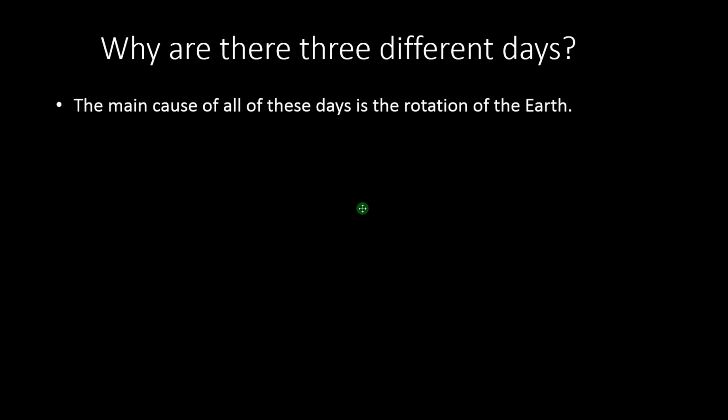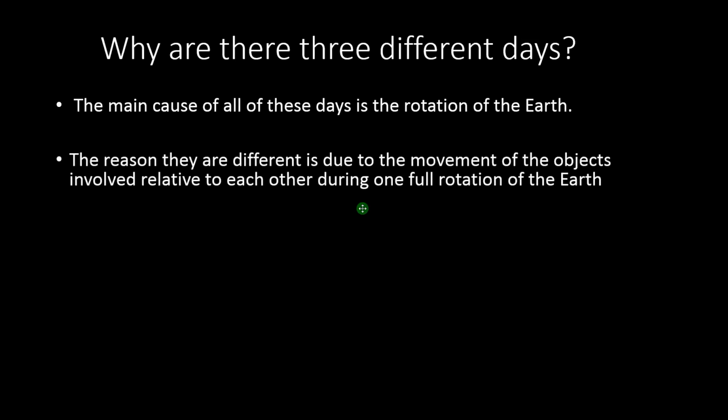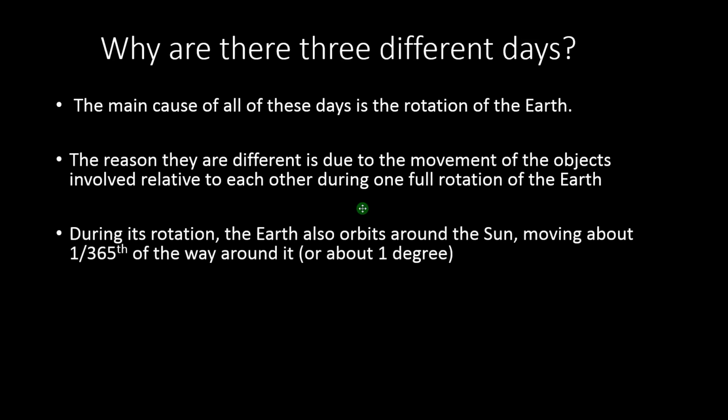Well, we've said that the main cause of all of these days is the rotation of the Earth, but in addition to the rotation of the Earth spinning on its axis, the other objects involved are moving as well. So the Earth is not only spinning on its axis, it also orbits around the Sun, moving roughly 1/365th of the way around the Sun, which is about a degree around the orbit every day.